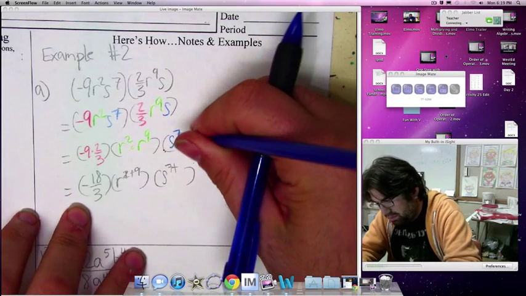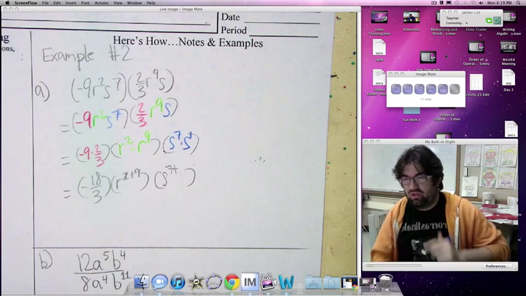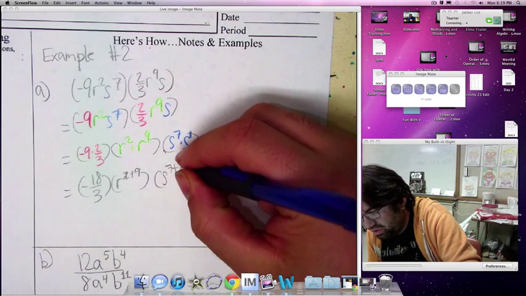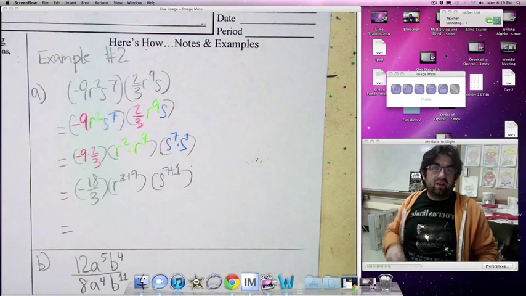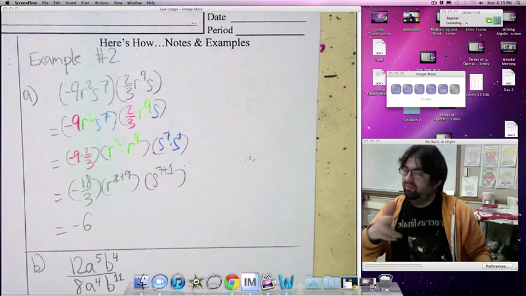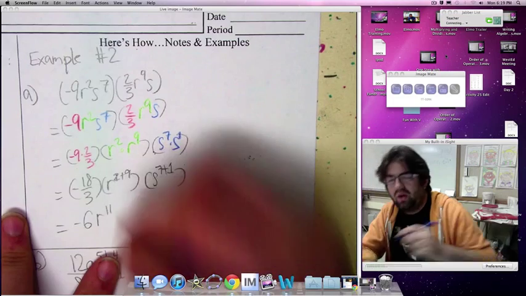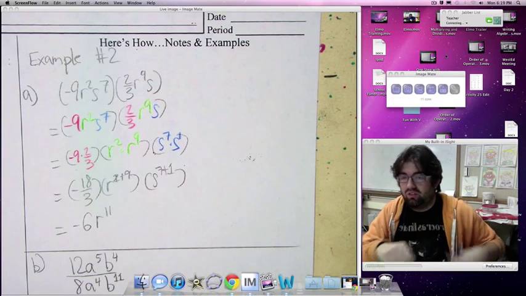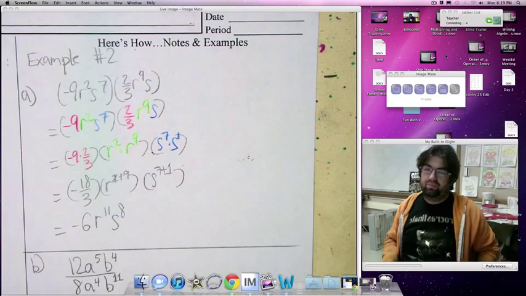Remember, if there's no variable exponent, you just put a 1 on it, and that's the exponent. So it's 1 plus 7. Negative 18 divided by 3 is negative 6. 2 plus 9 is r to the 11th power, and 7 plus 1 is s to the 8th power.